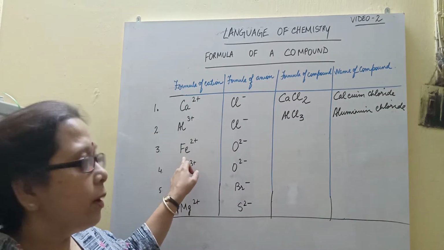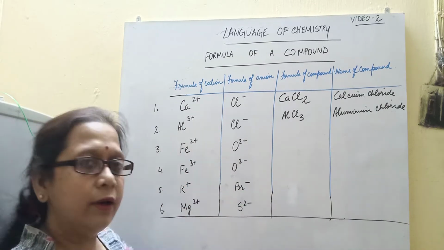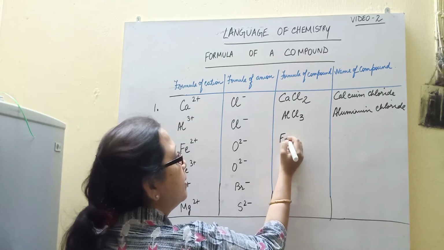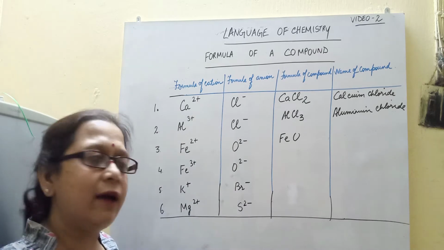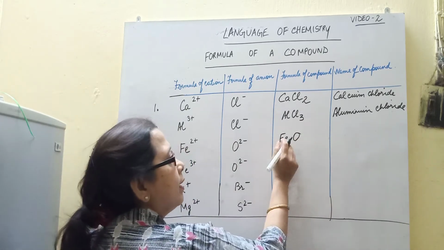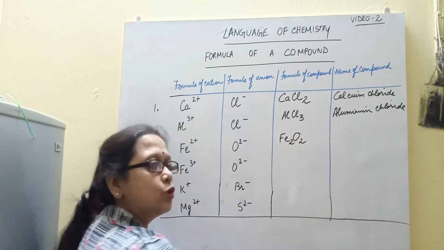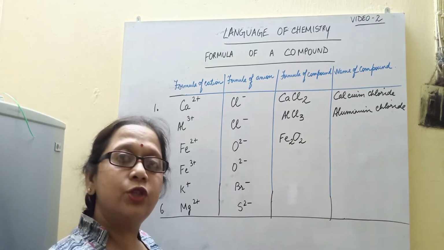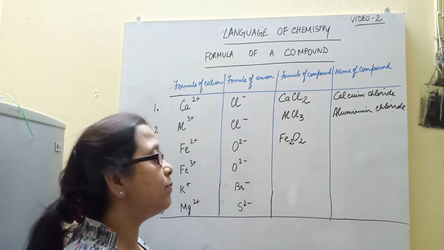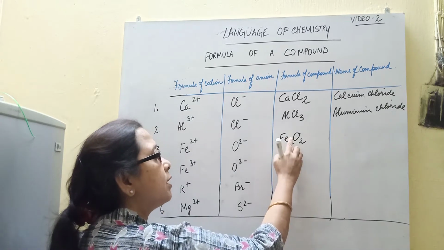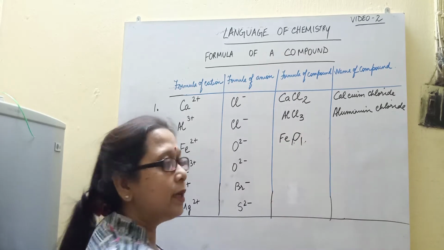Now coming to iron and oxide. Here the valency of iron is 2. From the chart you can see oxide also has valency 2. So iron's valency 2 comes to oxygen, oxygen's valency 2 goes to iron. As I told you just before, this can be simplified. If I divide by a common factor 2, I will come to Fe1O1.